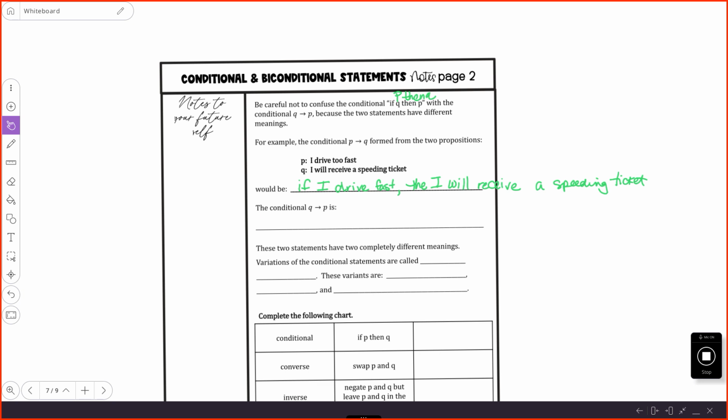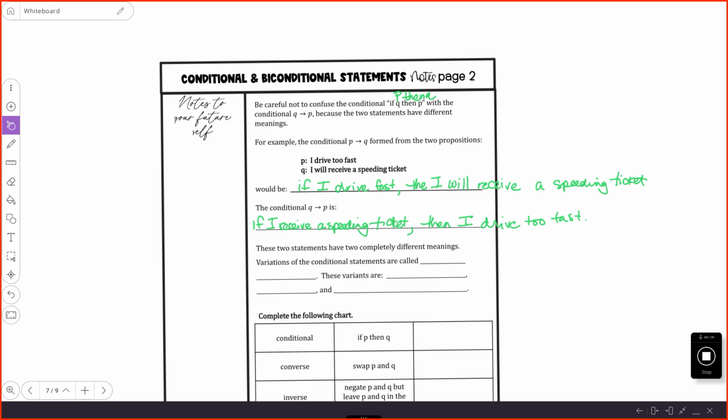So that would be if I receive a speeding ticket, then I drive fast. That's not the same thing at all.